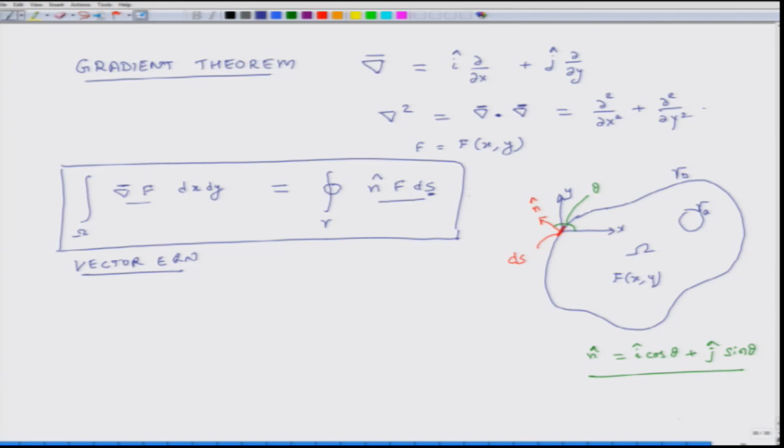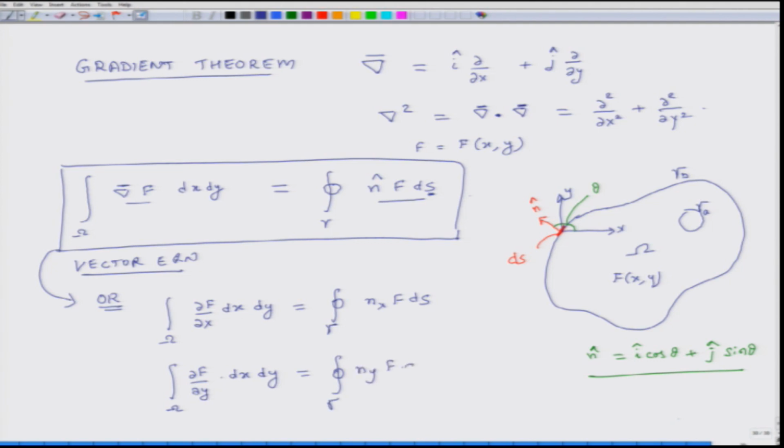So, I can break it up into two separate equations, and I can alternatively write it as the other form of the equation.